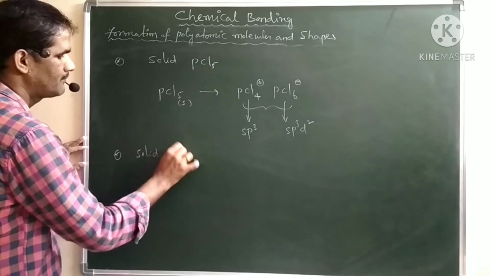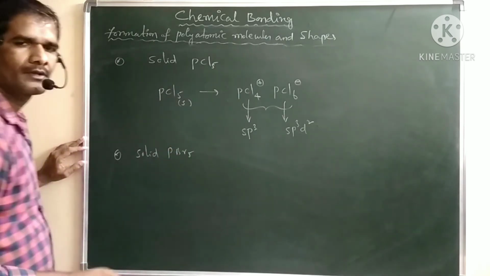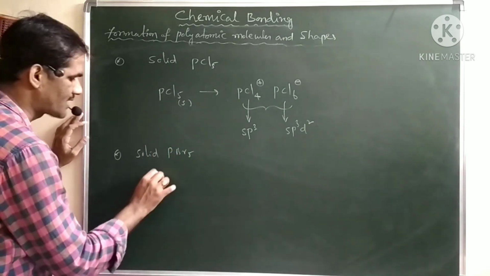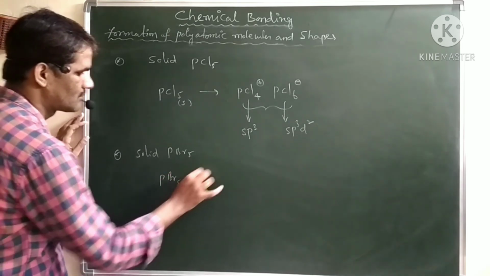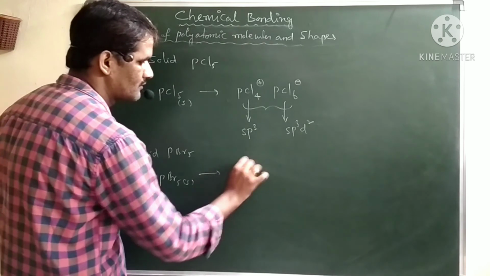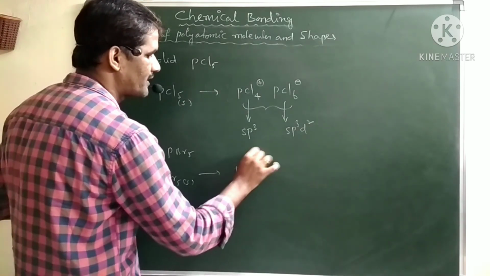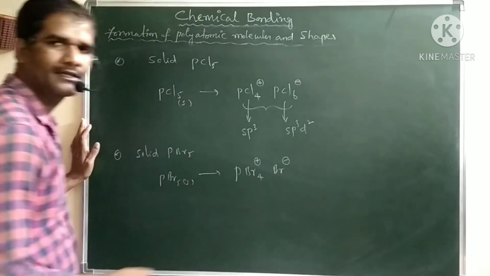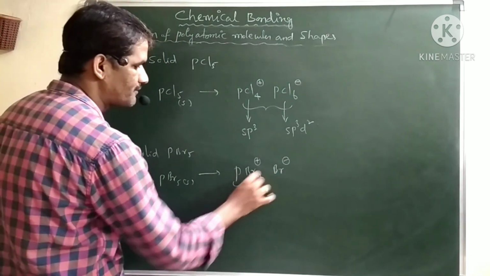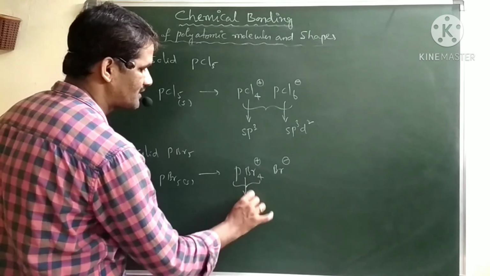And similarly solid PBr5, again the ionic form, it exists as PBr4 plus and Br minus. Again in the solid state, the hybridization of phosphorus here is sp3.